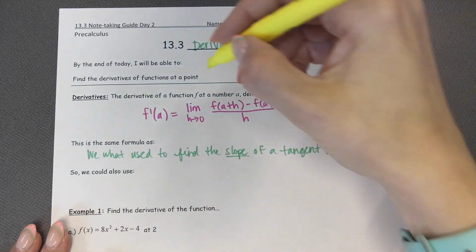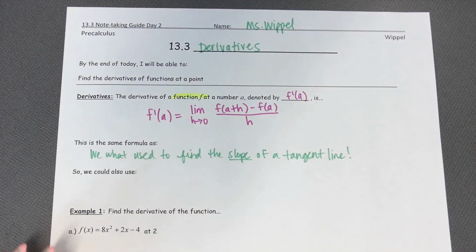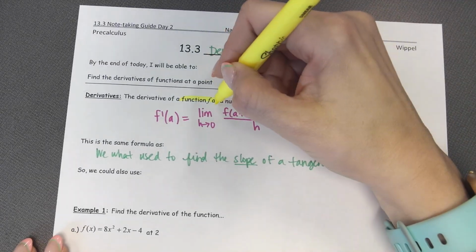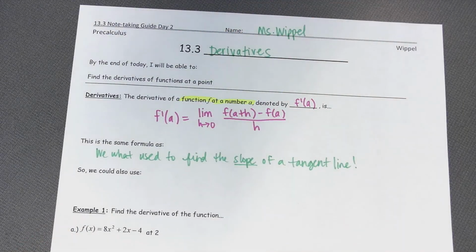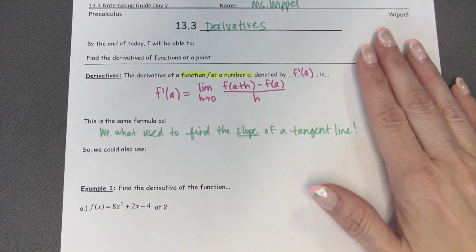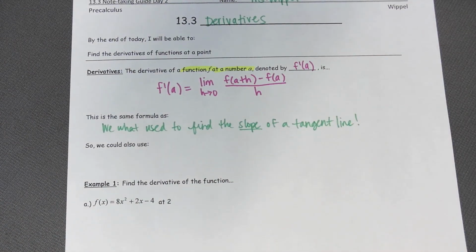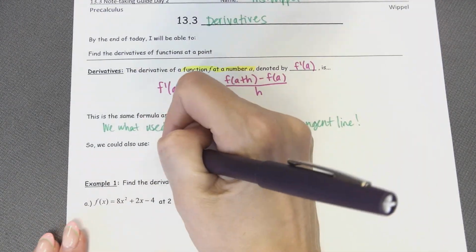They're going to give you some function f, and it's going to be at some value a, which will be some number. Yesterday we were given points. Today we're just going to be given a value. And this means we could also use the limit as x goes to a.